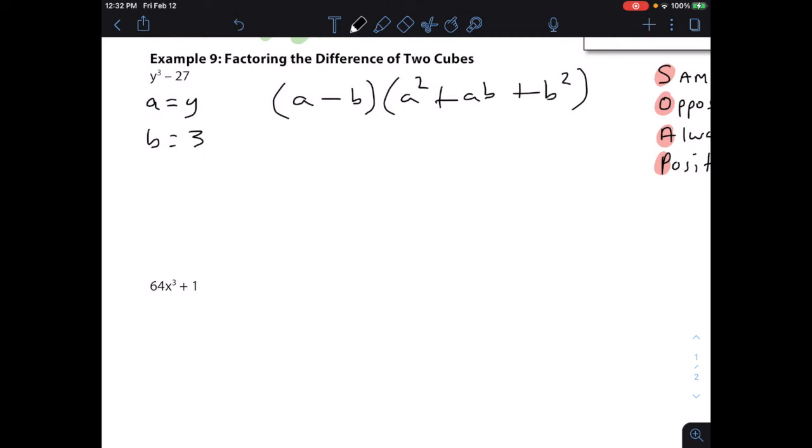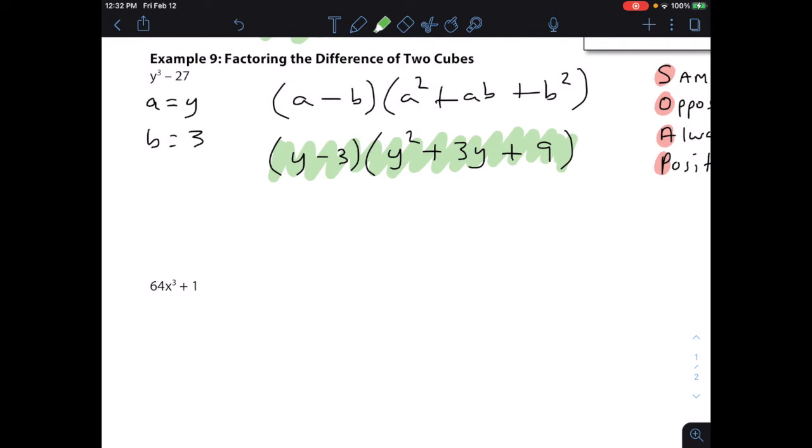Okay, so then we can just plug in the numbers and letters that we have, right? So we have y minus 3, and then we have y squared plus 3y plus, let's save ourselves a step here. Well, what's b squared? What's 3 squared? Well, it's 9. So I'm just going to plug in the 9. So there we go.